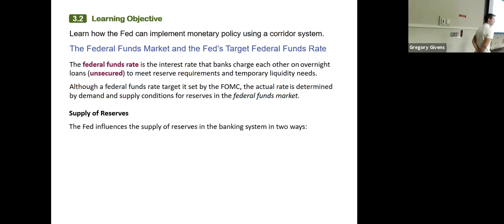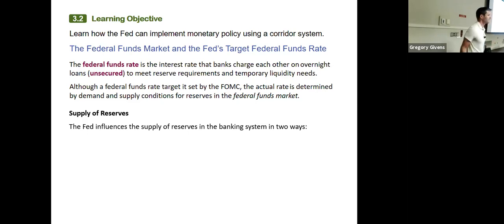Okay? How about the supply? So we've established that there should be a negative or downward sloping relationship between the funds rate and the demand for bank reserves. What about the relationship between the funds rate and the supply of bank reserves?